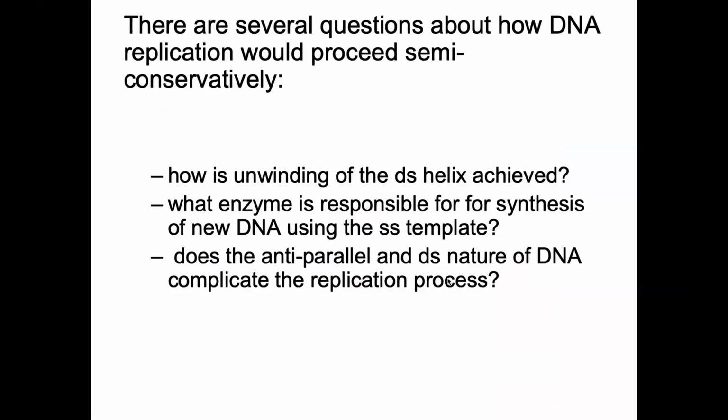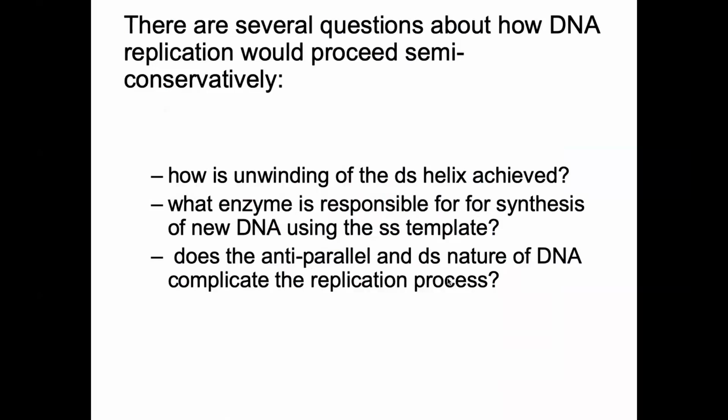And then lastly, if you go back to the Watson-Crick model, remember the two strands run anti-parallel to each other. So that actually adds a level of complexity to the overall replication process. Because during a replication event, you have to replicate both of those single strands of DNA that are running in opposite orientations relative to each other.